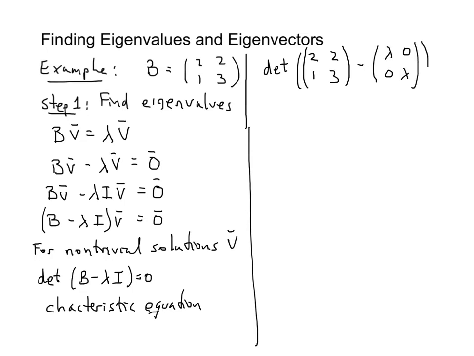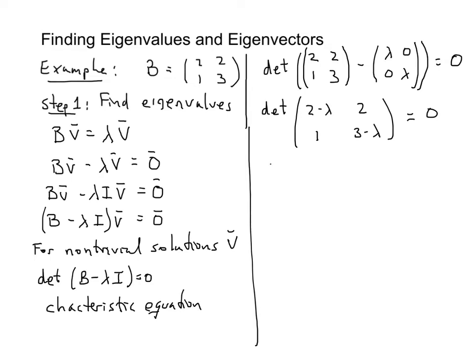I'm going to take the determinant of that, and I need for it to be equal to the scalar 0. So this is the determinant of 2 minus lambda, 2, 1, 3 minus lambda.